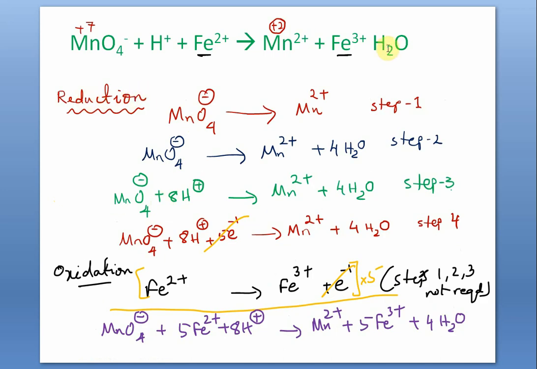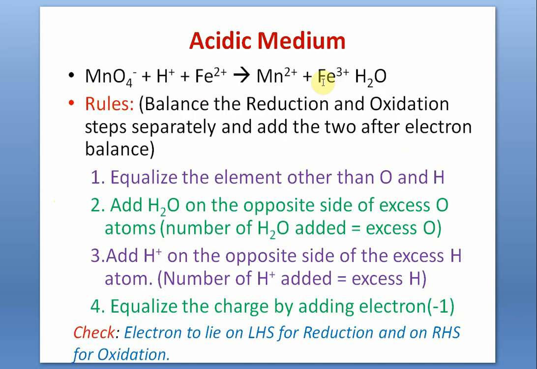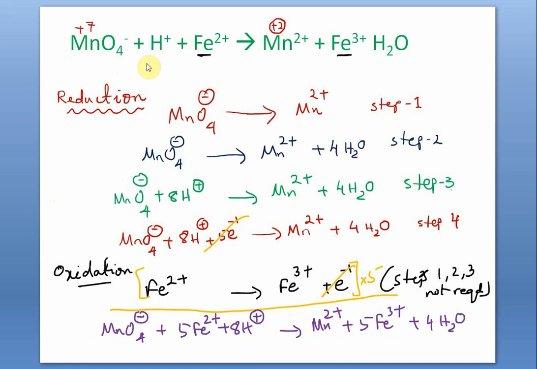Now let us take the same example: permanganate ion, hydrogen ion, ferrous ion giving manganese, ferric, water. Let us take a reduction step first. It doesn't matter whether you take the oxidation step first or the reduction step first. You only have to isolate the ion which has undergone reduction.